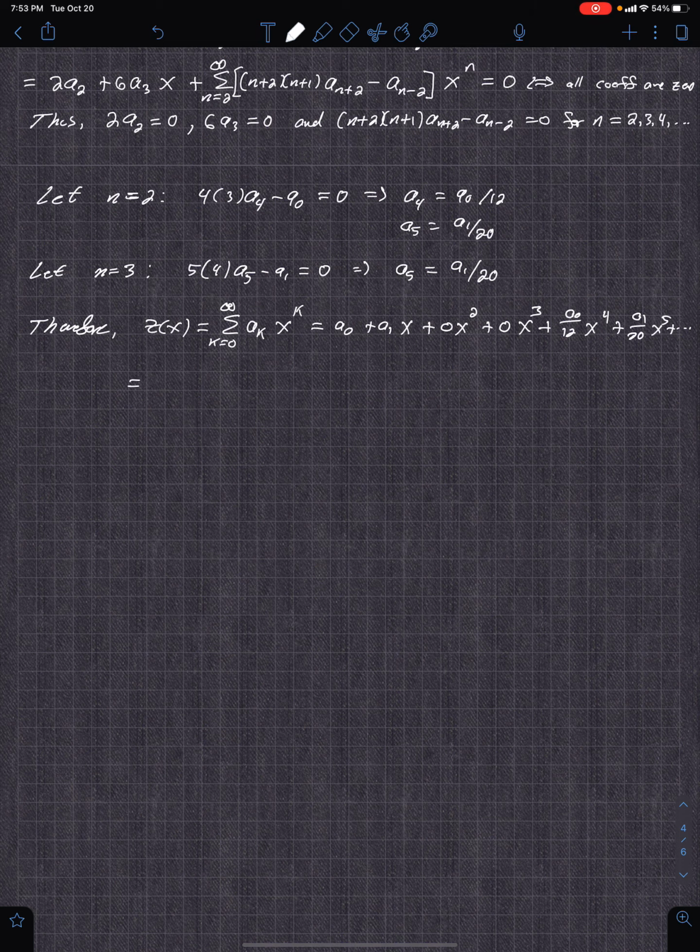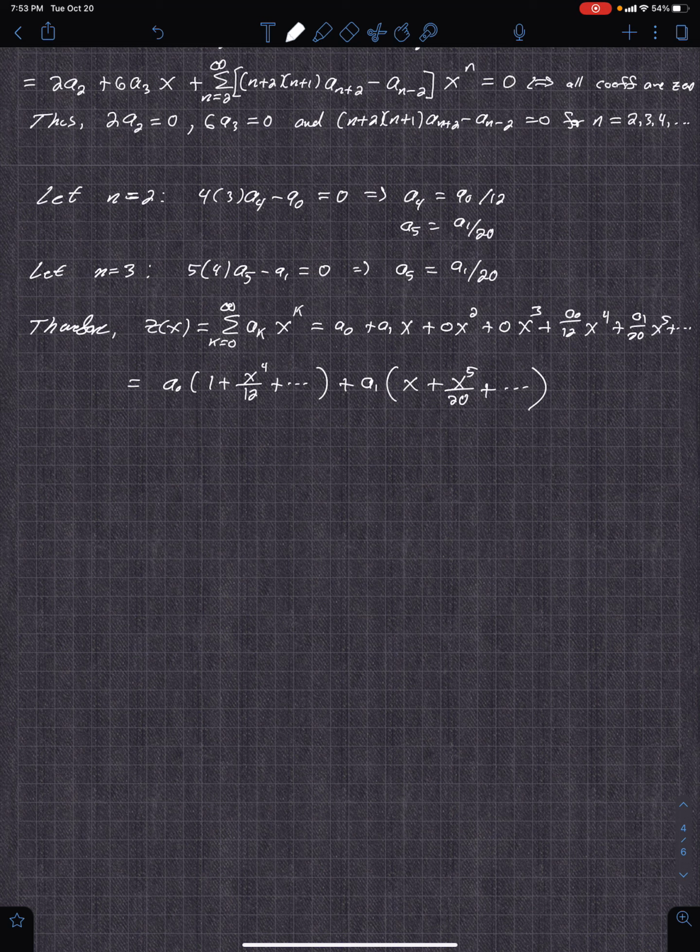So we look for that pattern. We're basically going to take out our a naughts and take out our a1s. And so we get this pattern of a naught times 1 plus x to the 4th over 12, plus a1 times x plus x to the 5th over 20, and then it goes in that pattern indefinitely.